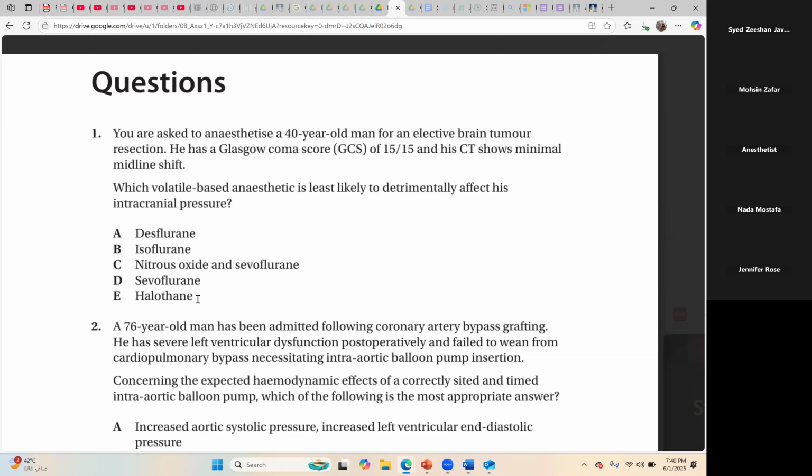So this is just a quick revision of things related to craniotomy or brain tumor: bleeding, neurological problems, air embolism, prolonged surgery, Cushing's reflex, neuromonitoring, navigation, then maintenance of cerebral perfusion pressure.